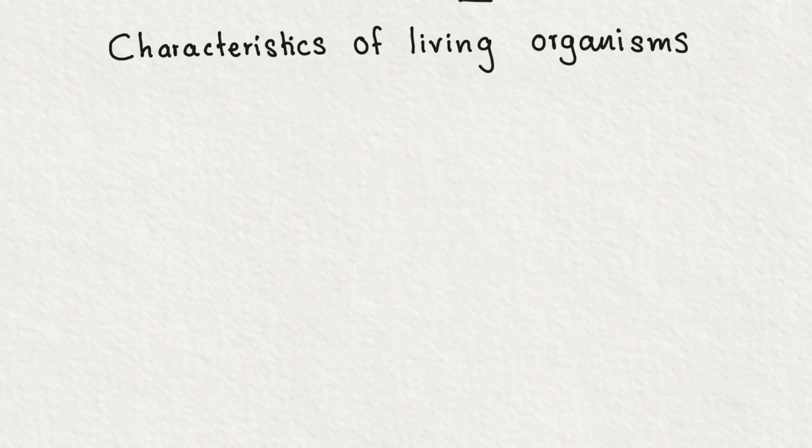Here in this lesson, we will discuss the characteristics of living organisms. In biology, we study about living organisms or life. Bio is the life, logy is the study of.